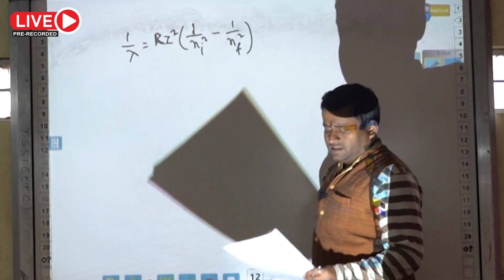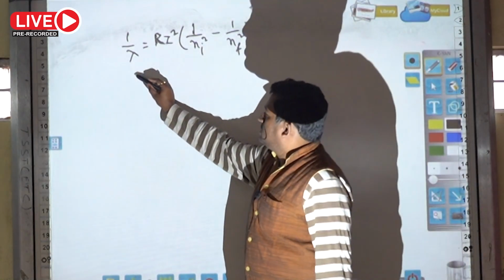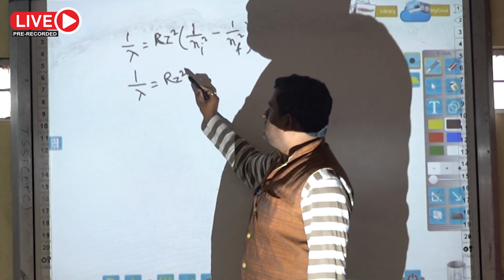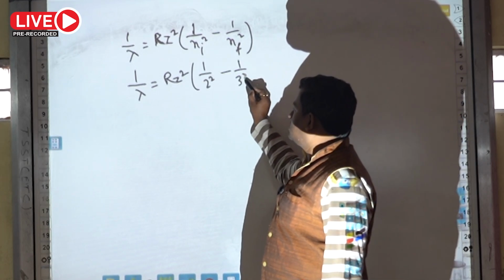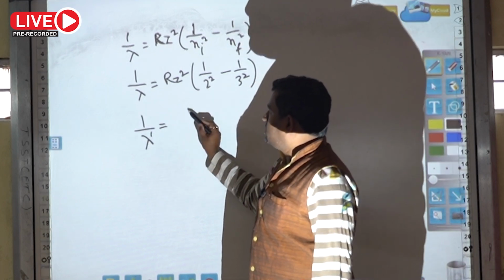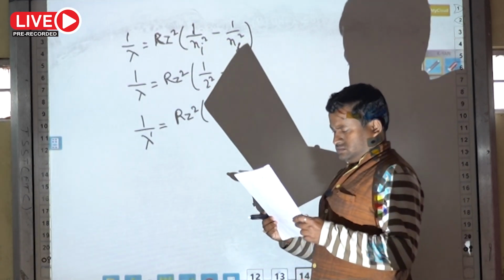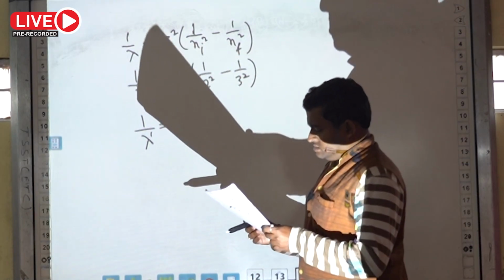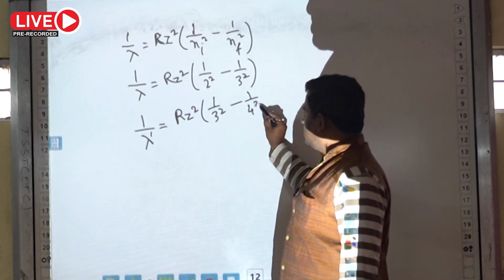So in the first case, jumps from third to second, that means 1 by lambda equal to R z square into 1 by 2 square minus 1 by 3 square. Then in the next case, 1 by lambda prime equals R z square into, from the fourth orbit to the third, 1 by 3 square minus 1 by 4 square.